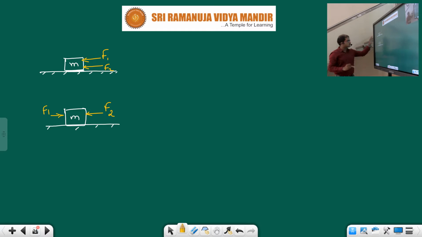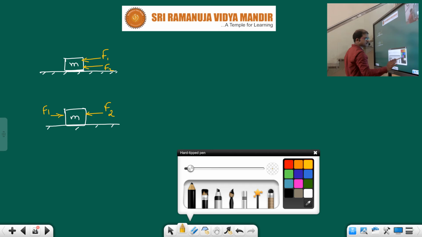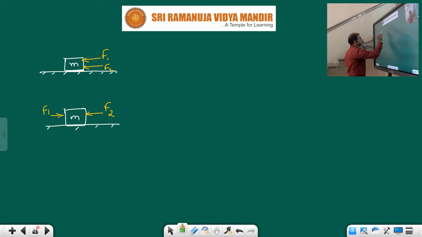Clear, children? Observe the forces F1 and F2, how are those two acting? In the same direction. So here, what is the net force? In this particular case, F net is equal to F1 plus F2.